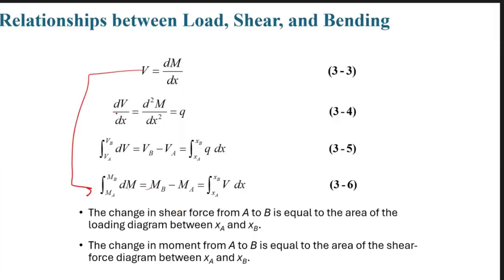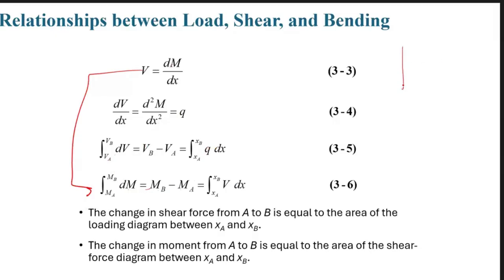Here, we have dV/dx equals q. We know that V is dM/dx. If you substitute, the second derivative of the moment equals q. So we write that the difference between the shear forces equals the integral, or the area, under the distributed load.